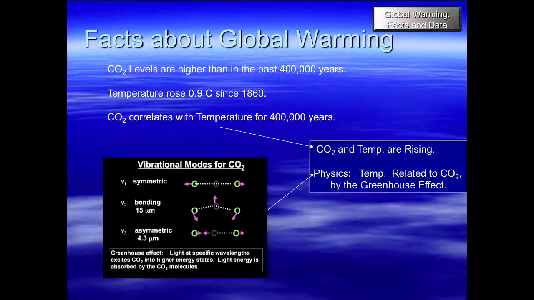There's really no choice. If you put a blanket over you at night, you will be warmer in your bed. If you put carbon dioxide as a blanket in the Earth's atmosphere, the Earth will be warmer. It just can't be any other way. Very simple facts of physics, you might say.